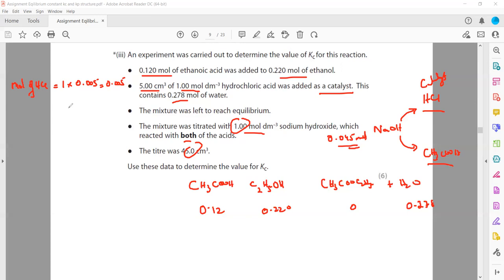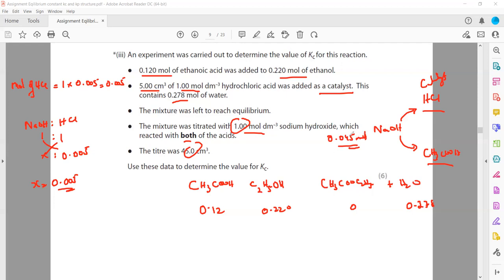Now, when you write a balanced equation, you'll find the ratio between sodium hydroxide and hydrochloric acid is 1:1. Like 1 mole of sodium hydroxide reacts with 1 mole of hydrochloric acid. Because the limiting reagent has 0.005 moles, cross multiply: how many moles are needed for sodium hydroxide? 0.005 moles needed.